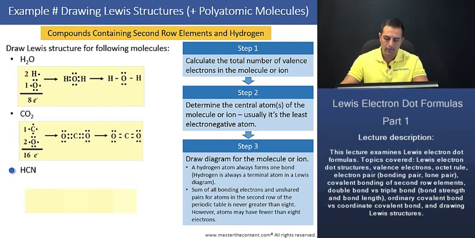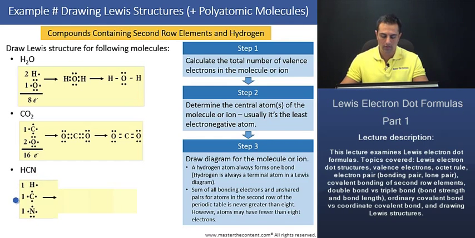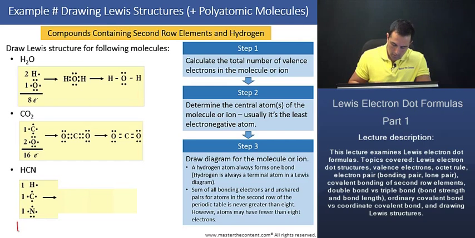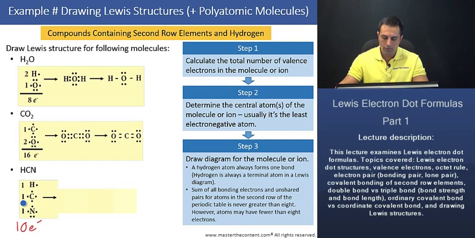Next, for hydrogen cyanide, we know that hydrogen has 1 valence electron, carbon has 4 valence electrons, and nitrogen has 5 valence electrons, for a total of, it doesn't say here, but this should be 10 valence electrons. Now let's determine, in step 2, the central atom, which is usually the least electronegative atom.